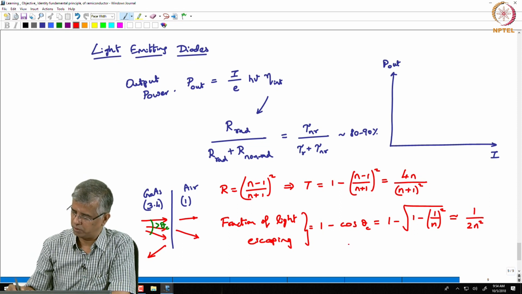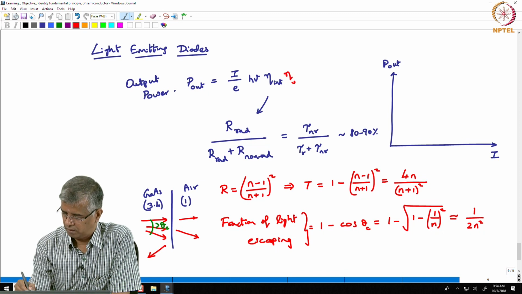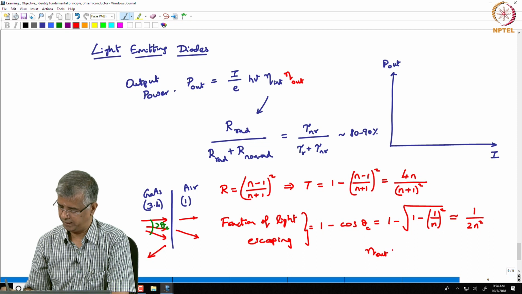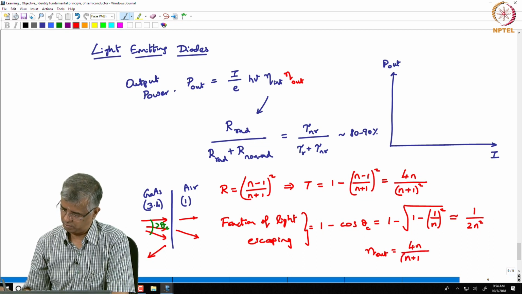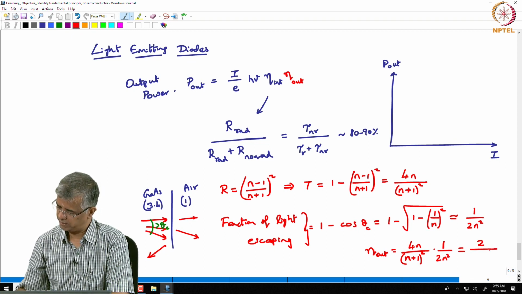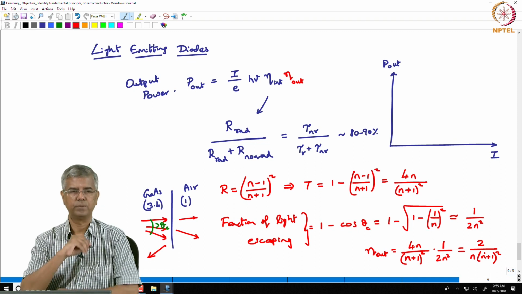If you put both of them together, you get this other factor eta out, where eta out is given by 4n over (n plus 1) the whole square multiplied by 1 over 2n square, and that is equal to 2 over n multiplied by (n plus 1) the whole square, since n and n cancel.